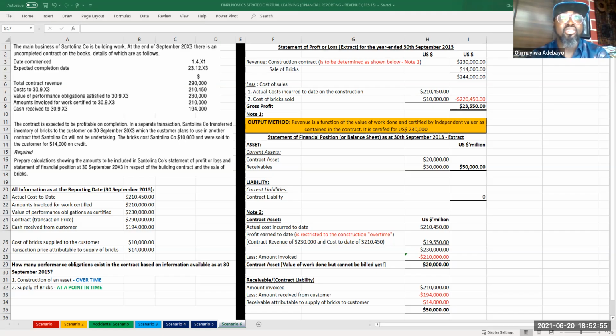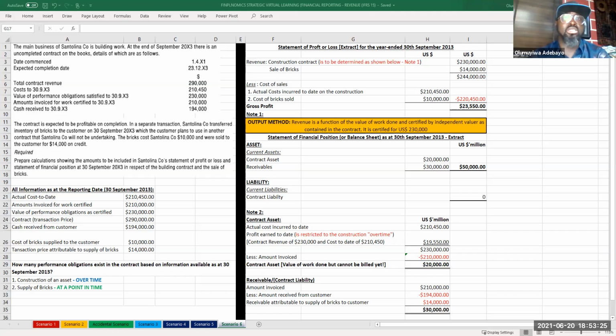We'll also look at issues that border on consignment arrangements. We'll look at the revenue recognition principle with respect to bill-and-hold arrangements. We'll look at revenue recognition with respect to sale with return. We also look at revenue from customers' unexercised rights, or what we call breakage in IFRS 15.